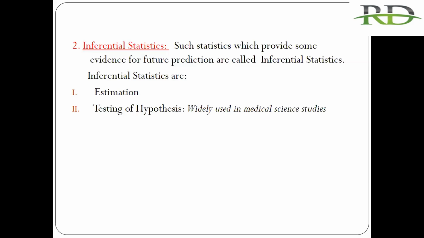So estimation is when the population parameter is completely unknown and we don't have any previous evidence. And testing of hypothesis is when this population parameter is known from previous research or a previous study, then we will test whether it is correct or not, right?